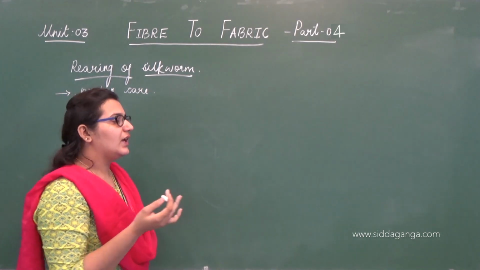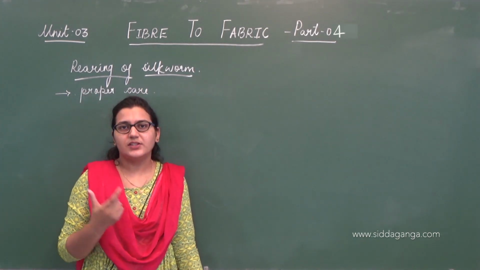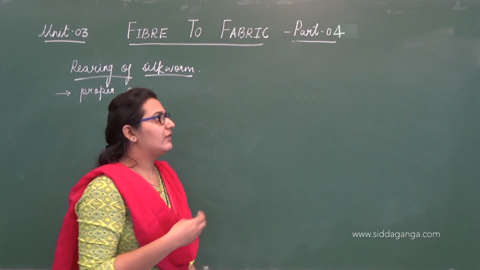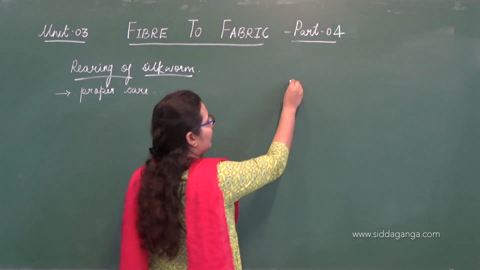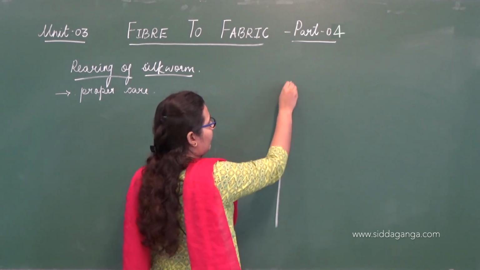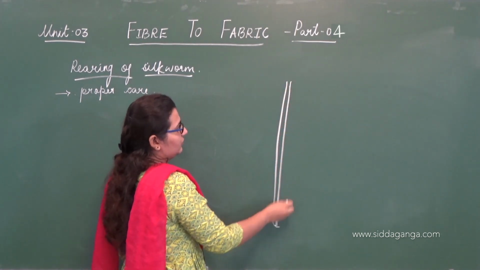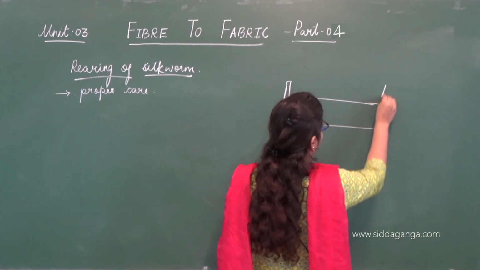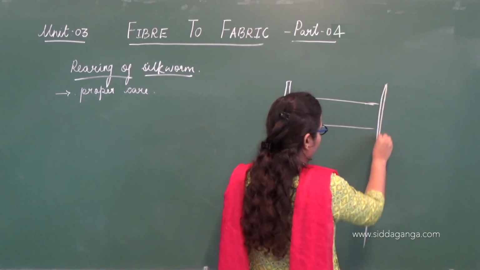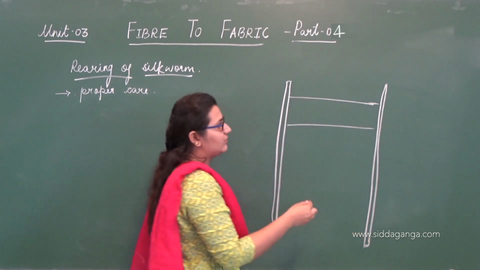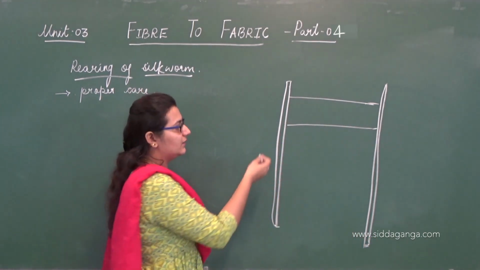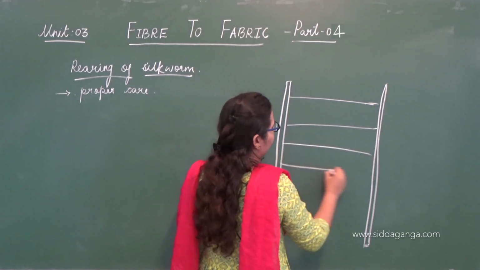We usually have a sericulture unit. Sericulture is one of the important occupations in our country. So we have sericulture units in which we have bamboo trays. I'm just drawing it small. These are the bamboo trays we have.